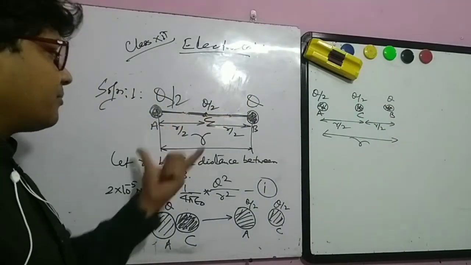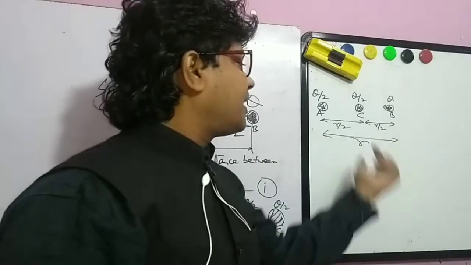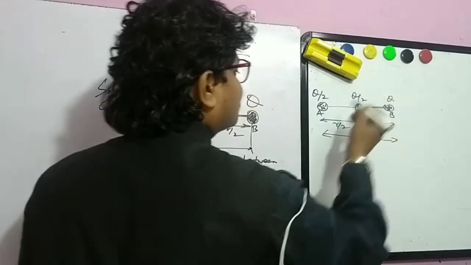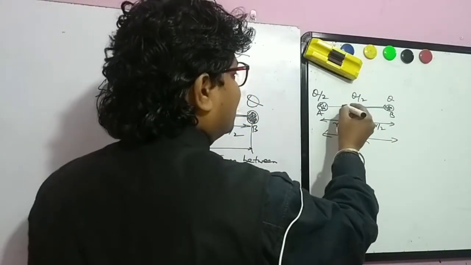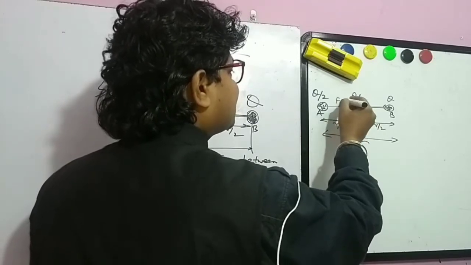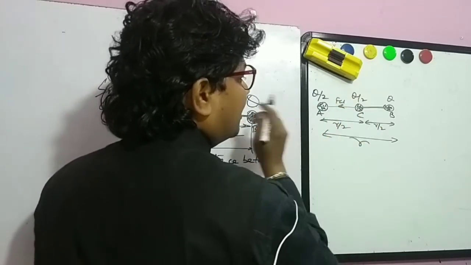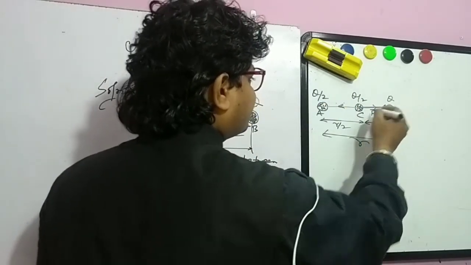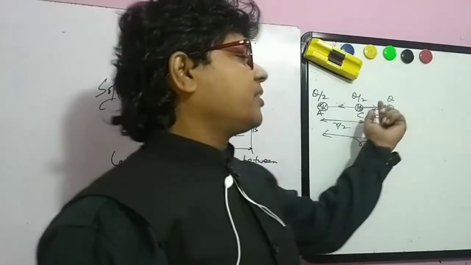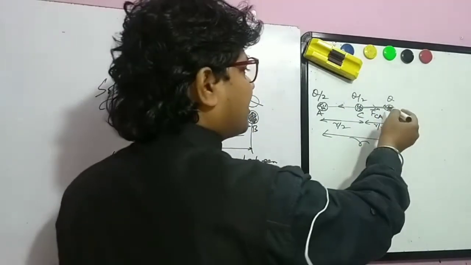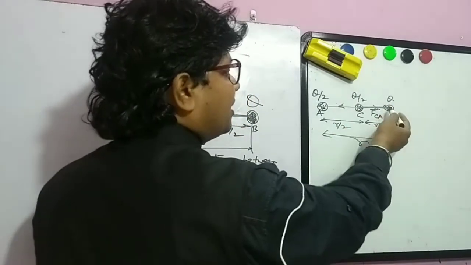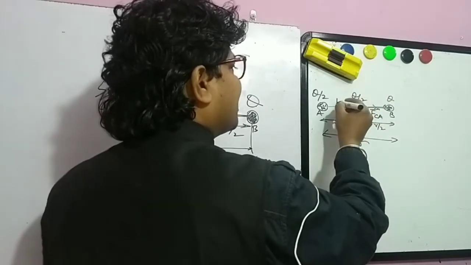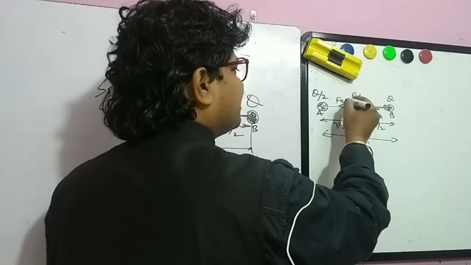So the net force we have got this way. Now if we join center to center, this is positive, this is positive, so this is the direction of FCA vector, the force on C due to A. And here B and C, positive and positive, so this is FCB.